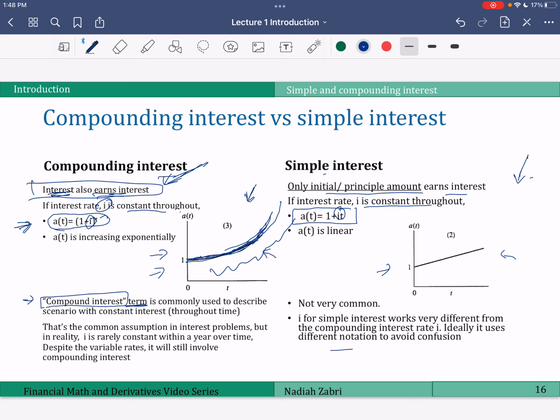They work totally differently. I really wish they didn't use the same notation for these two, but unfortunately it is very common in most books to use the same notation i. So I just want to highlight this so that you don't get confused. Whenever you see i, you have to understand that they are not the same thing between compound interest and simple interest.